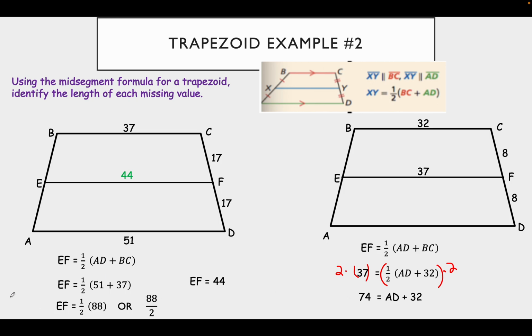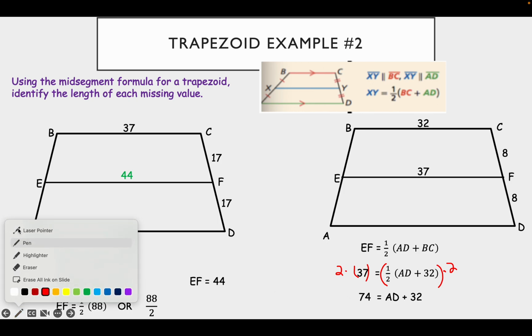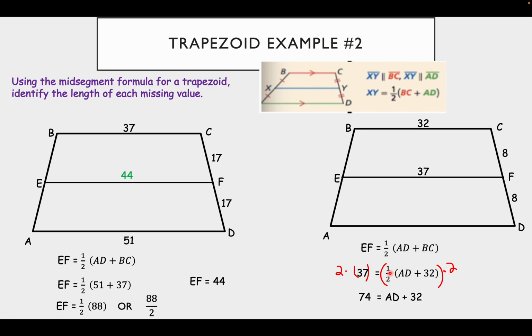That will leave me with 74. 37 times 2 is 74. And then when I multiply this by 2, that 1/2 cancels out, leaving us with just what's on the inside, which is the AD plus 32. We can subtract 32 on both sides and give us the base of 42.